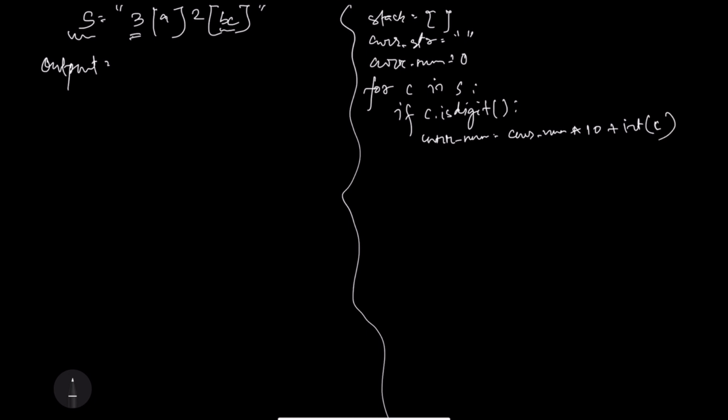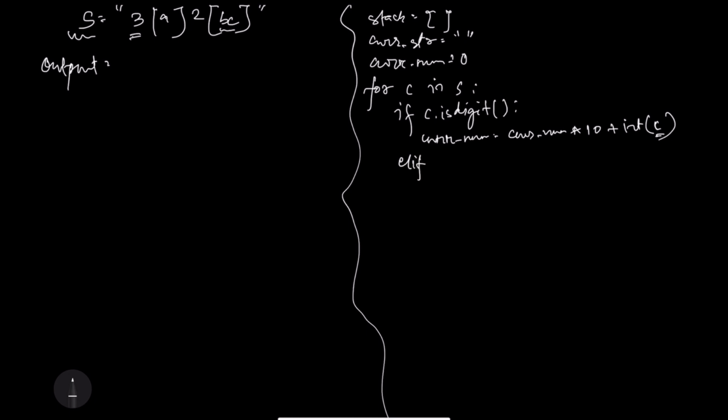We are multiplying by 10 because, suppose instead of 3 we are having 13. To get both of those digits, we multiply by 10 plus the integer of the character, because our 3 is in the string, so it is in character format. So we will convert it into int.